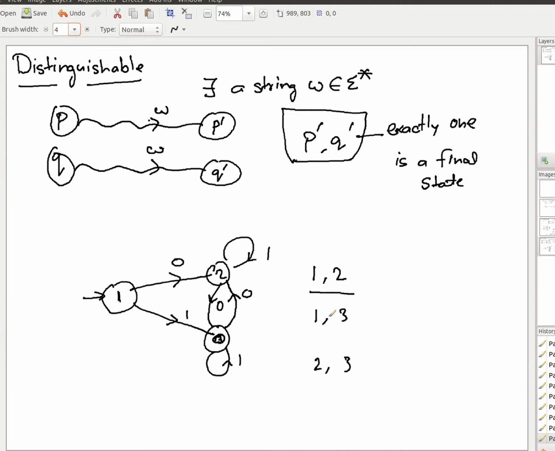And if it is distinguishable, you have to give me a string also that distinguishes it. So, for some string, if you are saying that it is distinguishable, one of the states should go to a final state with that string, and the other one should go to a non-final state.